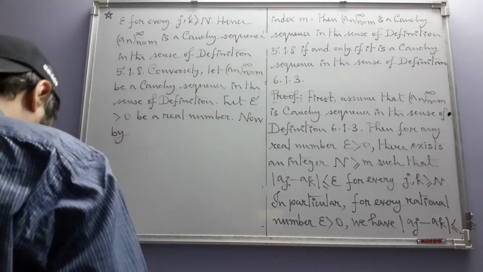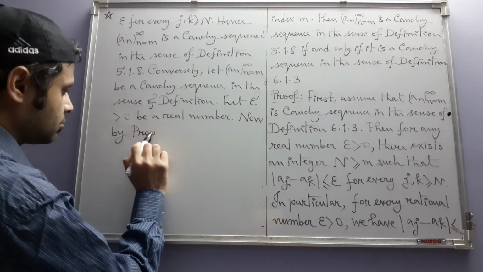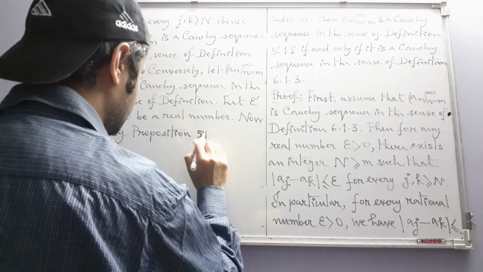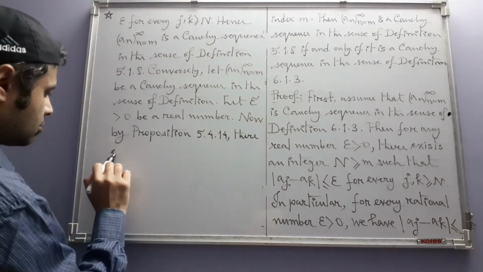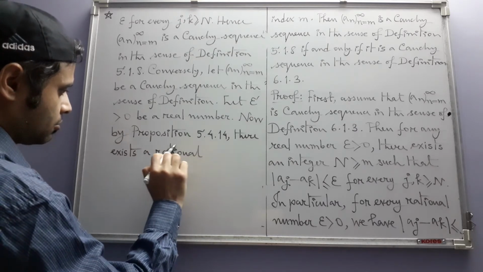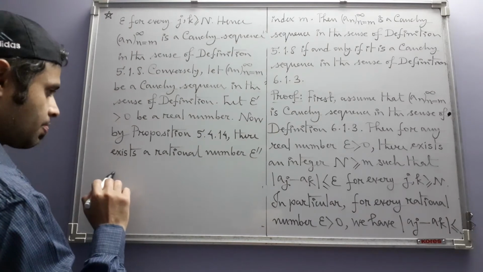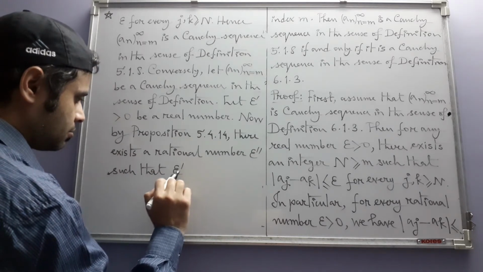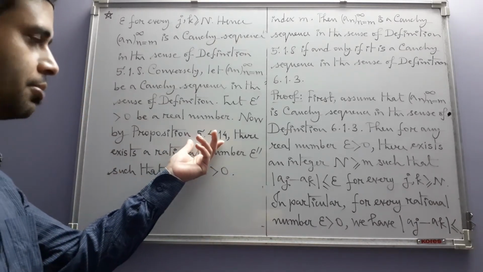Now I have the proposition number written here. By proposition 5.4.14, there exists a rational number, say epsilon double prime, such that... recall what this proposition is.